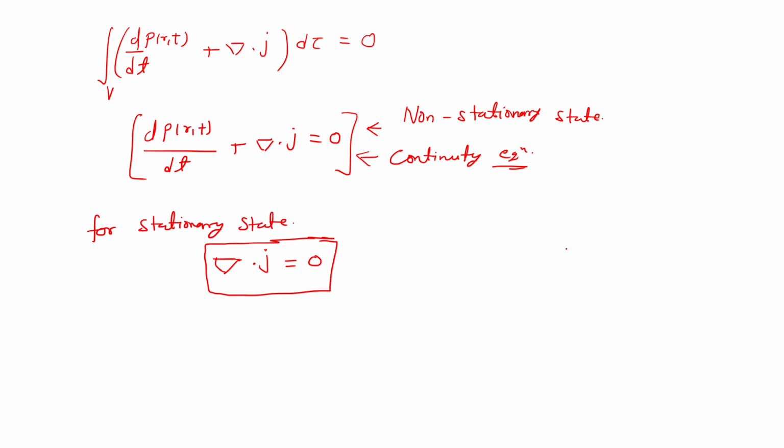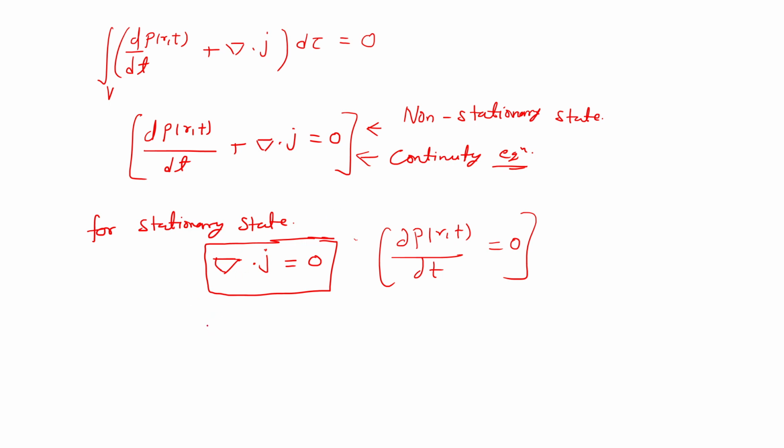This is a very important form. We can change this equation into other formats also. If del PRT over dt is 0, then also we can say it is a stationary state. So this is very important.